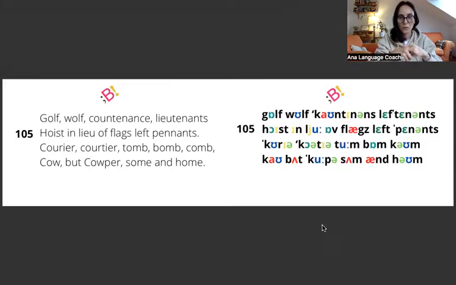Then we have golf, wolf, wolf, countenance, countenance, lieutenants, lieutenants. Be careful, because it's completely different from how it is written.